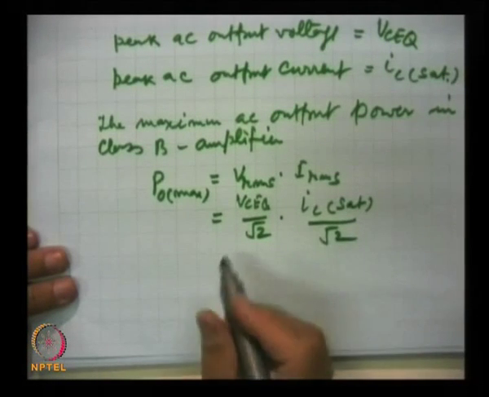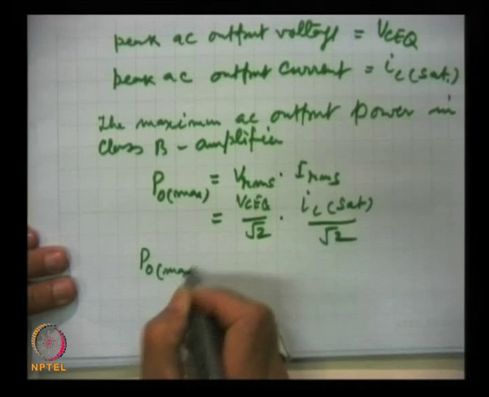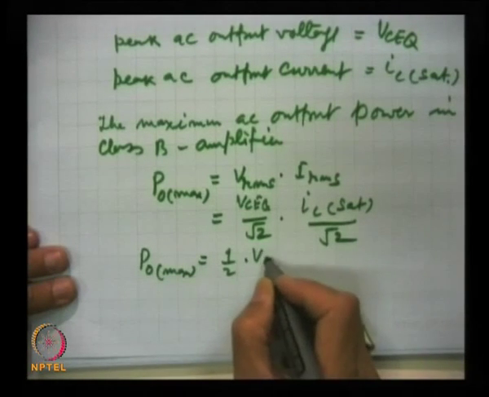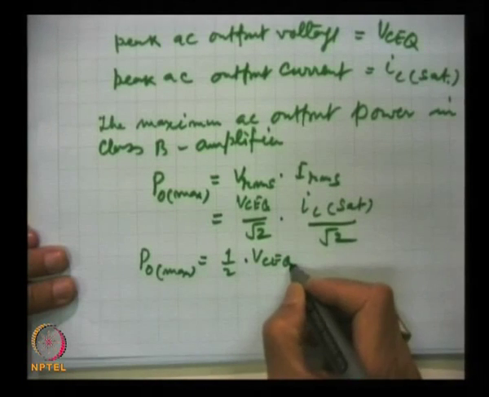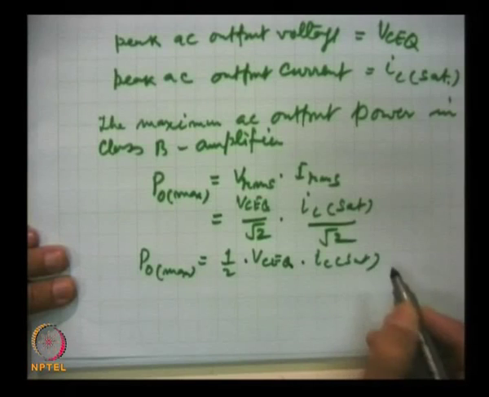So, PO maximum is equal to half VCEQ into IC set.